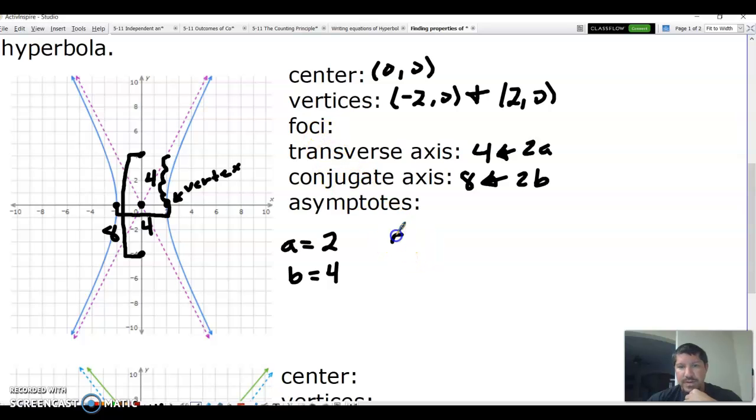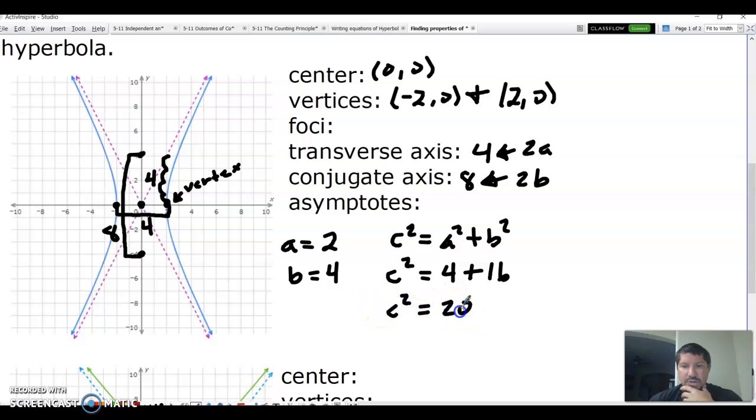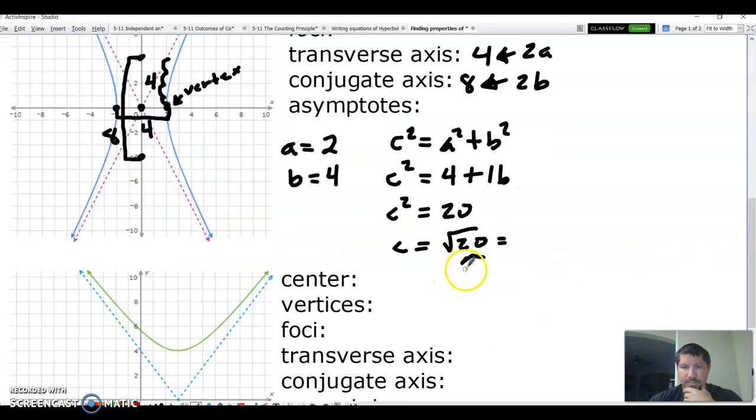To find the foci, c squared is equal to a squared plus b squared, or c squared is equal to 4 plus 16. c squared is going to be 20, so c is the square root of 20, which can simplify.